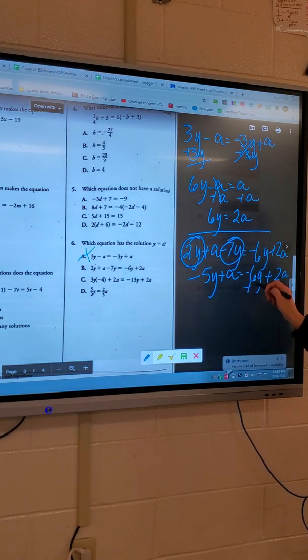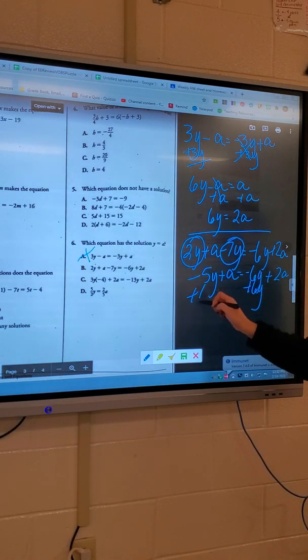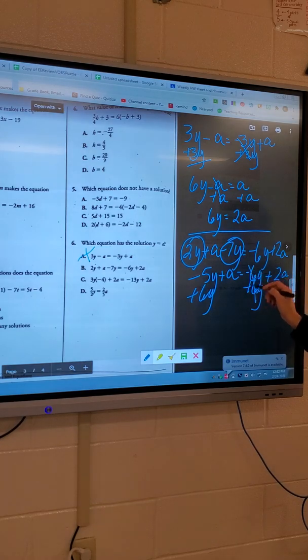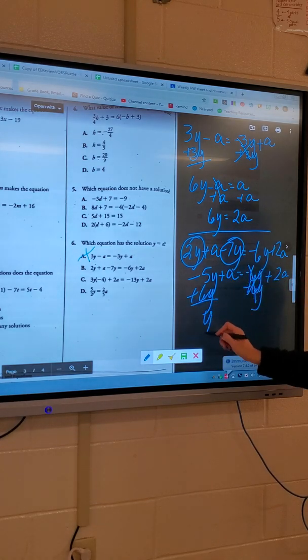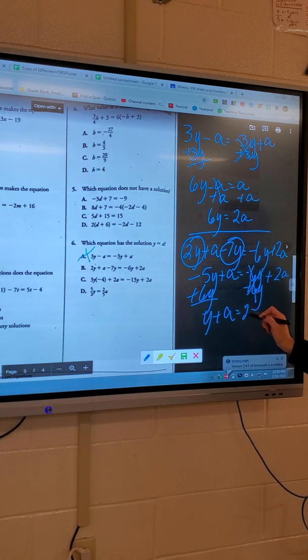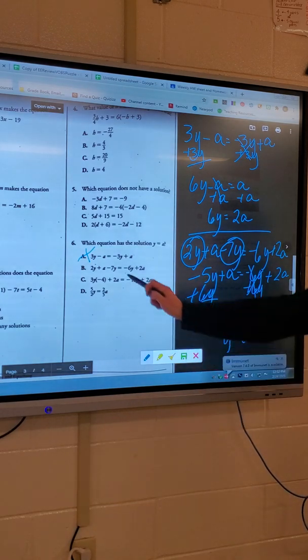I'm going to add 6y to both sides, and that gives me y plus a equals 2a, and subtract a from both sides, and y equals a. So the answer is B.